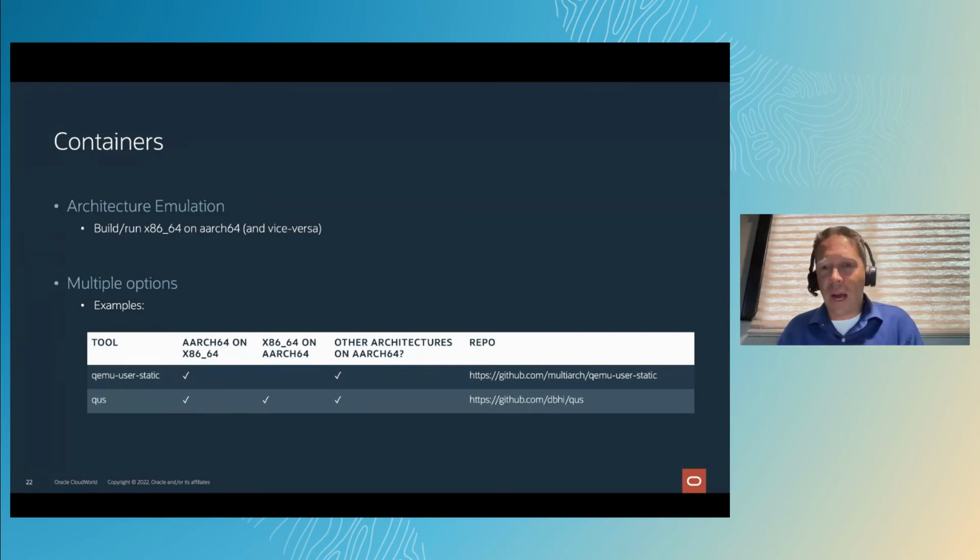These are certainly not exhaustive, but they are a couple of tools available. QEMU User Static, or QUS. Be aware, both of these allow us to emulate ARM on x86, so AArch64 on x86-64. However, only one of these allows us to emulate x86-64 on AArch64. So if you need bidirectional emulation, pick the appropriate tool.